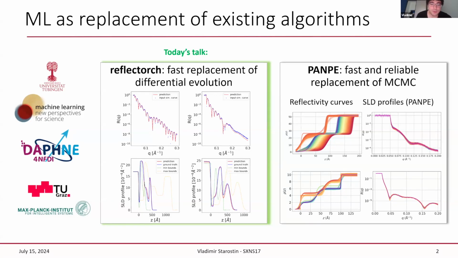Of course, we have the software which I will present, but we don't want to make another reflectivity package because we see how many great packages are already developed. Rather, we'd like to make algorithms which can be shared and used by all the different packages with different use cases, the same way as differential evolution, for instance, is used by all of these packages.